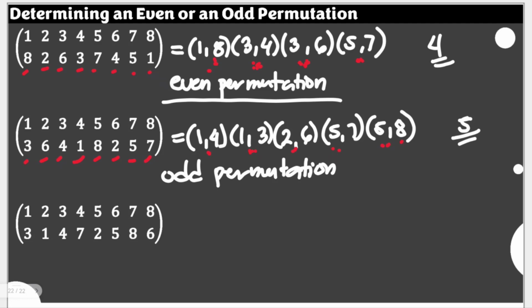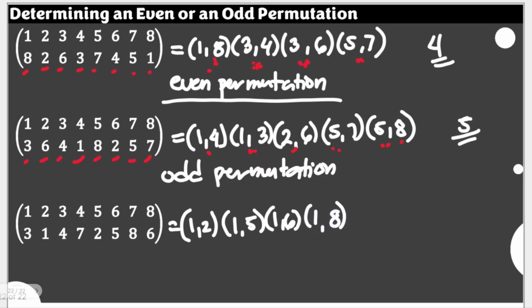Our last permutation here has been identified already as a cycle, because we only have one orbit containing actually all the elements, and it contains more than one element. That's why it's considered to be a cycle, and from that cycle alone, we're able to come up with this product of transpositions: 1, 2, 1, 5, 1, 6, 1, 8, 1, 7, 1, 4, and 1, 3.